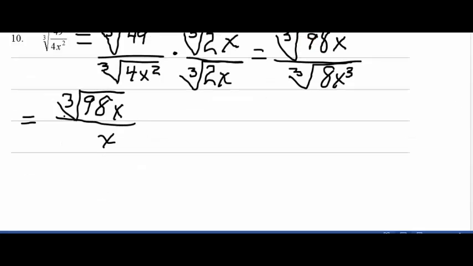Okay, and this radical cube root of 98 cannot be simplified. 98 is not a perfect cube, and it does not contain any factors that are perfect cubes. So this is my final answer. I no longer have a radical in the denominator, and I have not changed the value of the radical.